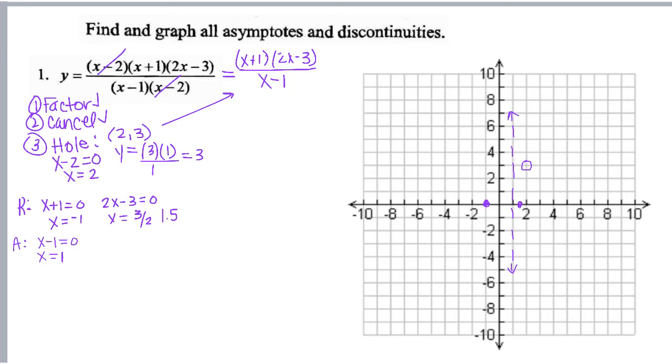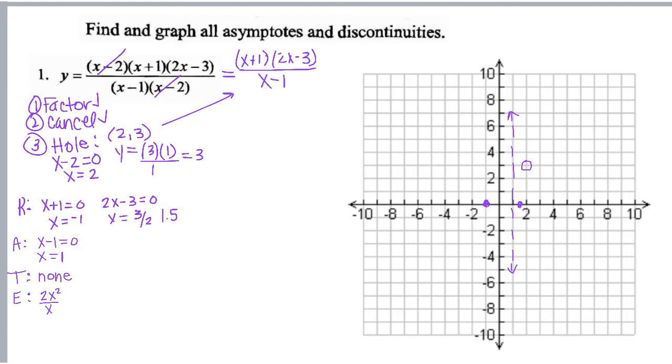Now T is going to be a special squared term in our factored form. For this T we have none. E is going to be our end behavior. On your sheet you will see where it talks about bottom heavy and top heavy. When we look at the original, the top part of our equation would be 2x squared, and the bottom would just be x.